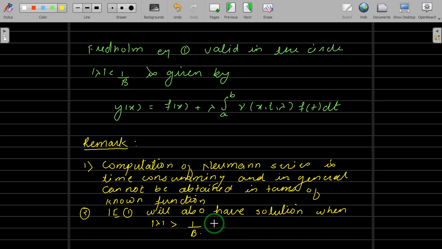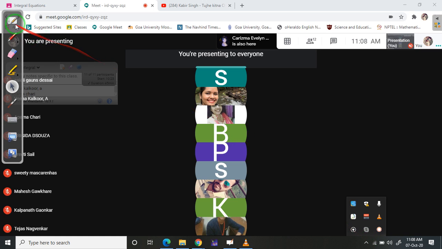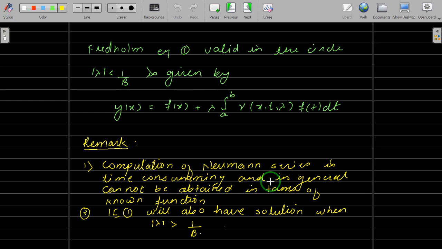And secondly, inside the circle you have a unique solution, but outside the circle also you may have a solution. The theorem stated that inside the circle you have a solution, but again outside the circle also you may have a solution, right?